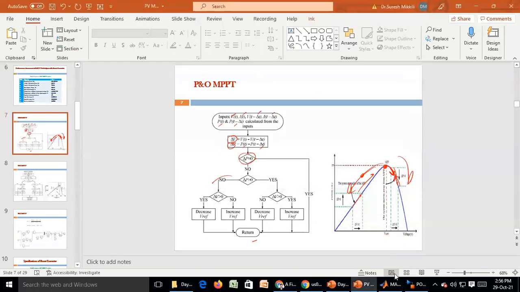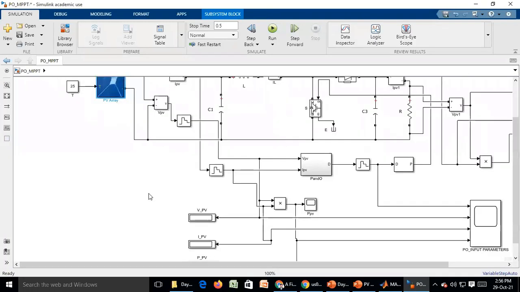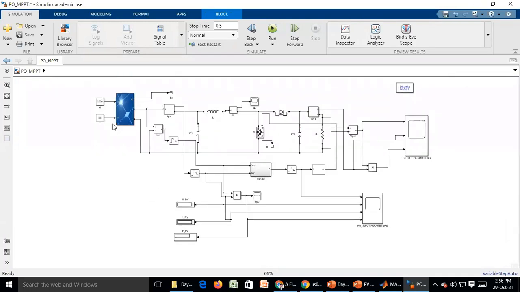Now we will see. What we have done: first the PV panel is considered, as you understood yesterday how to consider the PV panels. Then in the second class, you learned about DC-DC converters. Now today, we are putting in MPPT so that it can track properly. So we will see how it will track.